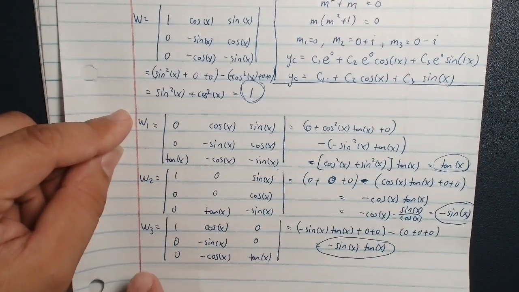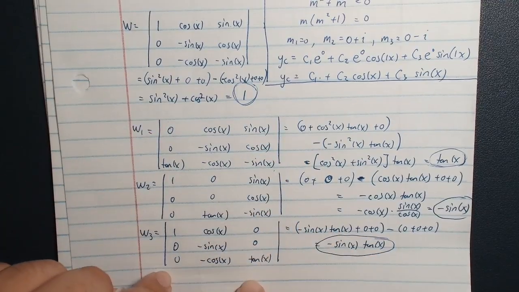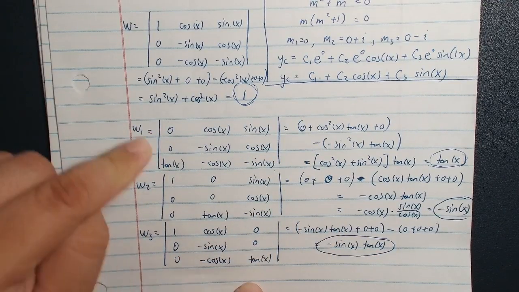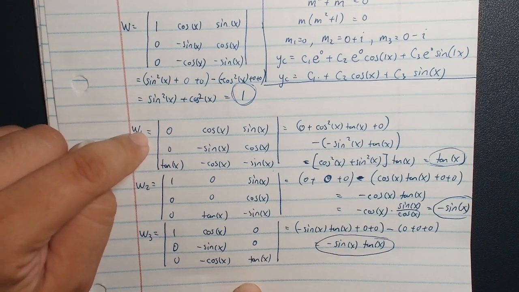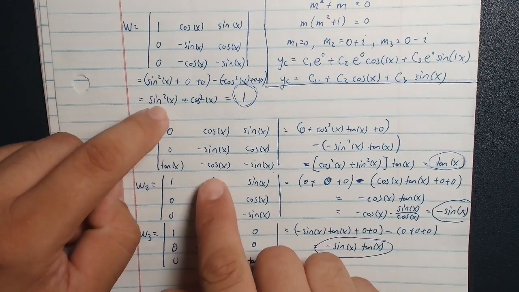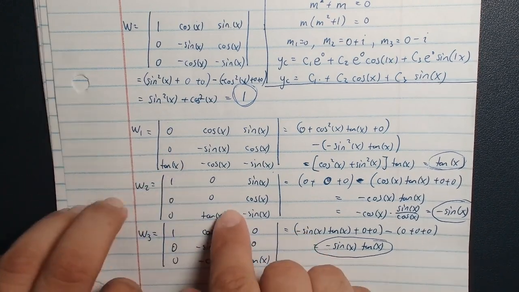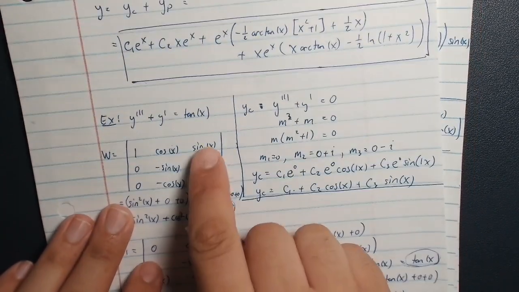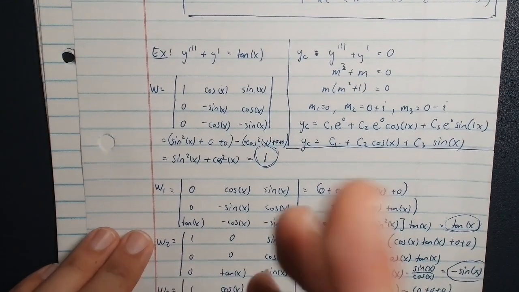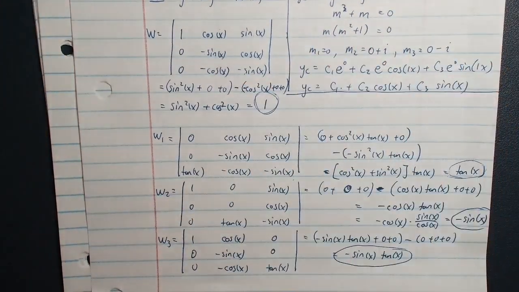The W1, W2, and W3 must match that in size. If this is a 3x3, these are all 3x3s. When you replace a column, either the first for W1, the second for W2, or the third for W3, you put zeros all the way down, except the very last element of that replaced column will be your input function. So if this was a 4x4, a 5x5, a 6x6, it would work exactly the same.